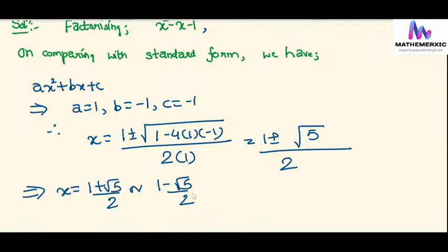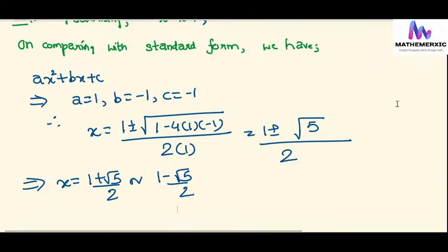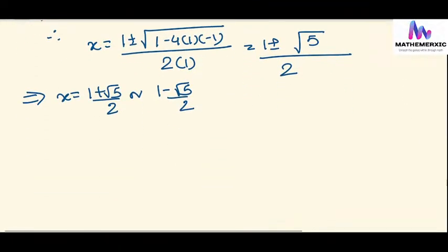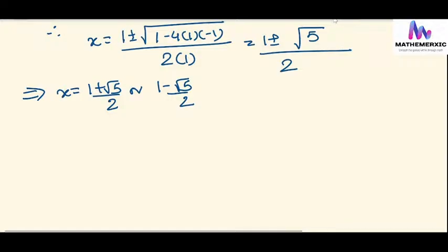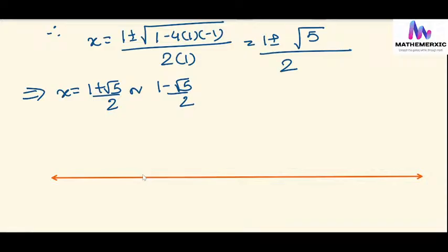So on the number line, we can have a marking of this. Let us say root 5 is 2 point something.